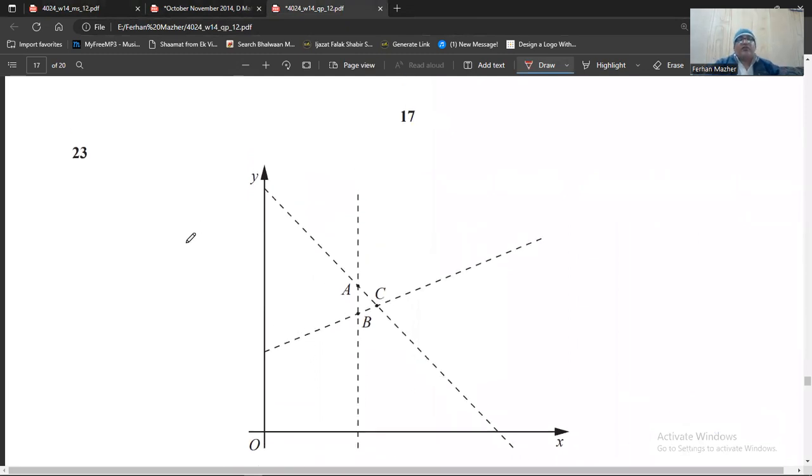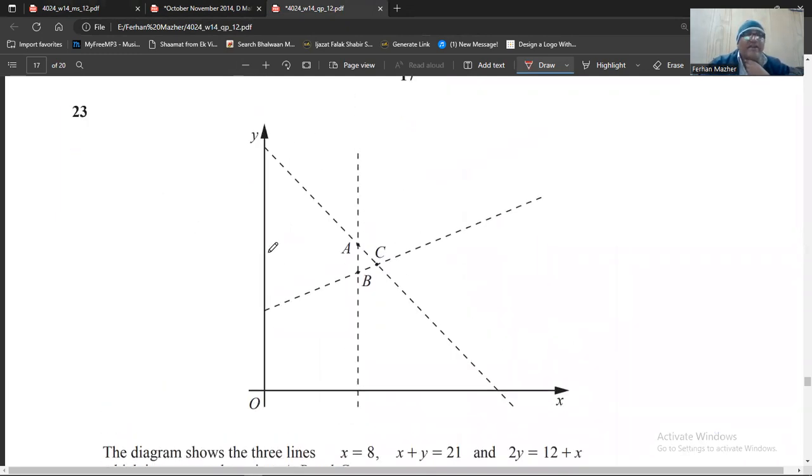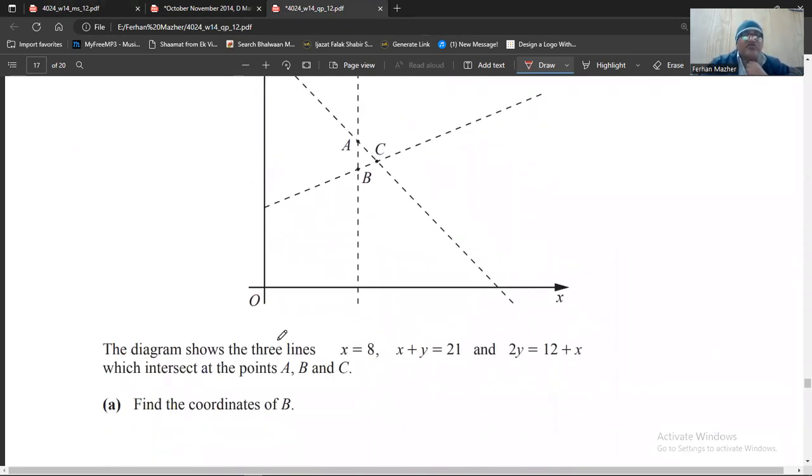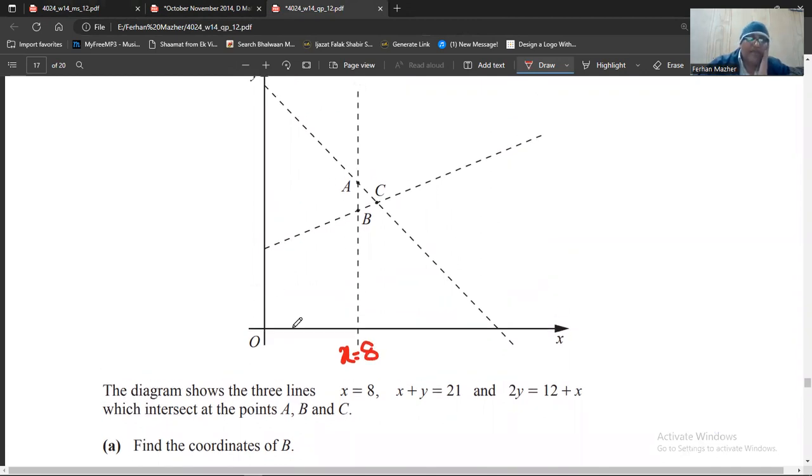Question number 23 is showing up on your screen, and it says the diagram shows 3 lines. x equals 8, so basically this line is x equals 8. Okay, this AB line. x plus y equals 21 is a line whose y-intercept is 21 and whose gradient is negative, because x goes to the other side.